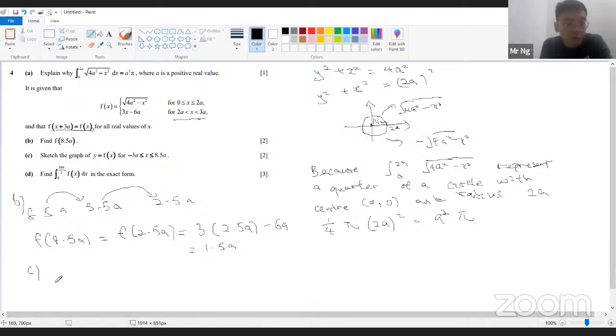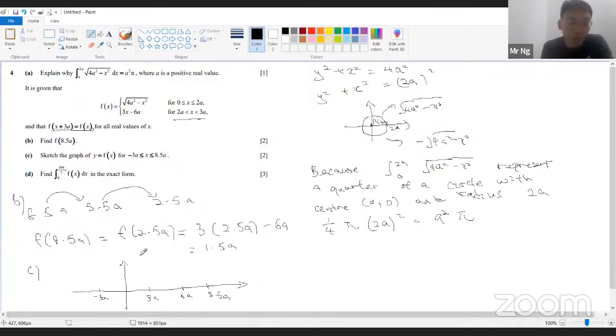Sketch the graph from minus 3a to 9a, sorry, 8.5a. Minus 3a, 3a, 6a, 9a.